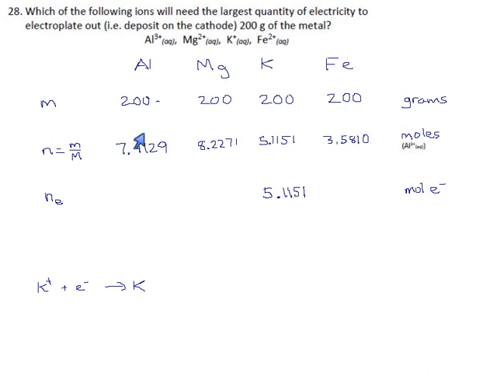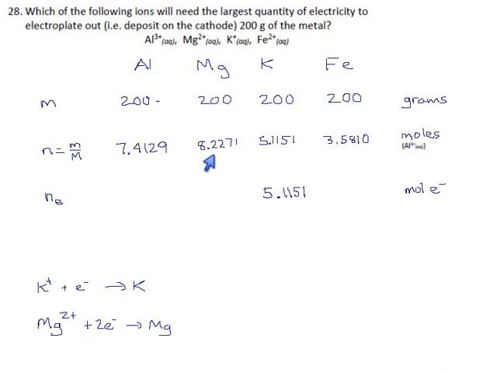For the others, though, it's a little more complex because the others have charges of more than one. If you're doing magnesium, your reaction is, because it's magnesium 2+, it takes 2 electrons to drag that down to magnesium metal. And so for every magnesium you're making, you need twice that many electrons.